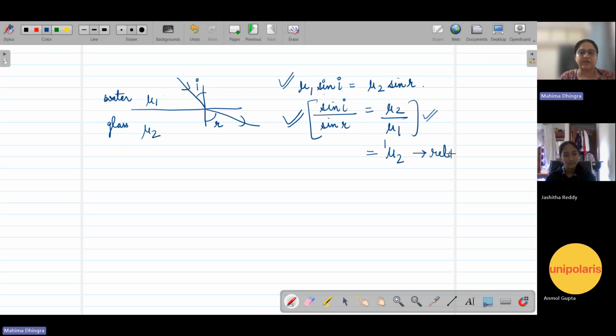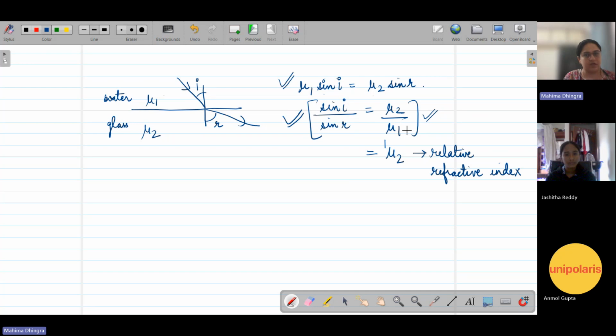Such refractive indexes are known as relative refractive index. Relative means when you are comparing it to something. Like all the values you have used in grade 10, for glass 1.5, for water 1.33, for dense flint glass 1.6, they were all with respect to air, and those values are known as absolute.